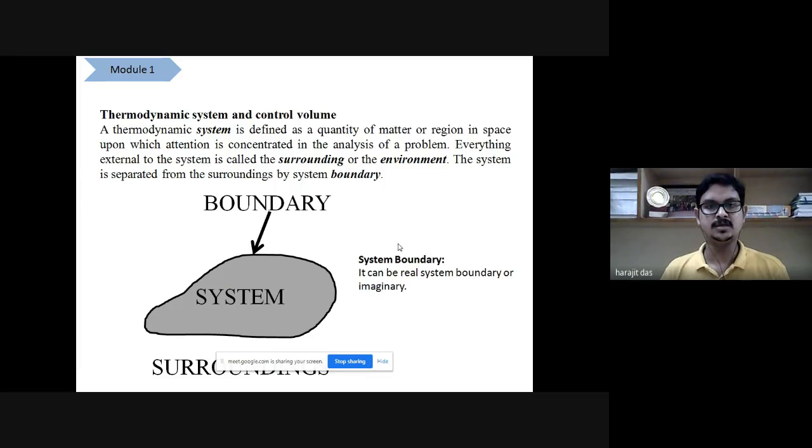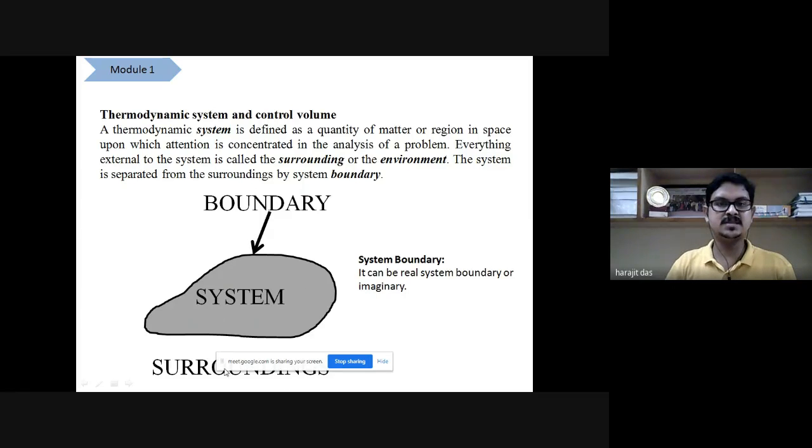Where you are applying the thermodynamic laws and analyzing, that is the system. This system is separated from the universe by a boundary, and the system boundary can be a real boundary or an imaginary one. Sometimes we imagine the system boundary by considering some particular area or volume. The rest of the universe is called the surrounding.